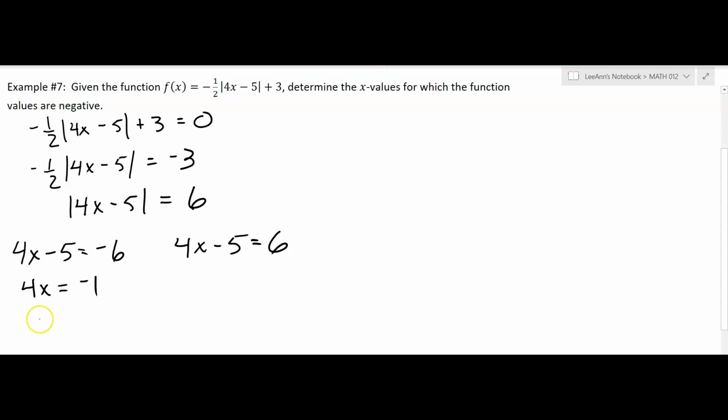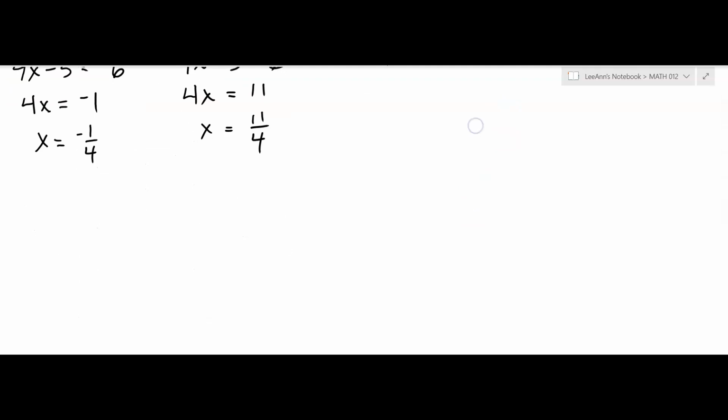Okay, so if I add 5 here, and I divide by 4, and on the other one, if I add 5, and I divide by 4, I get this happening. Now, I'm going to scroll. Okay, so what does it mean?